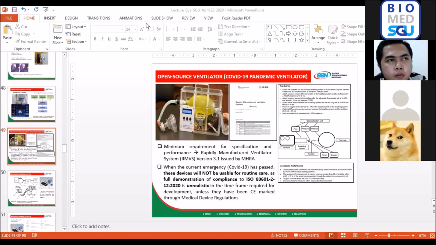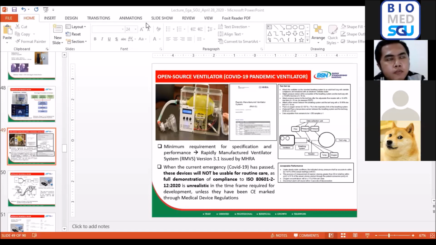For the regulatory in Indonesia, as far as we know, the PPFK has the responsibility to ensure that the device that we make, whether in this country or outside the country, conforms with the specification as stated in the PPFK work method that refers to standard documents like ISO.